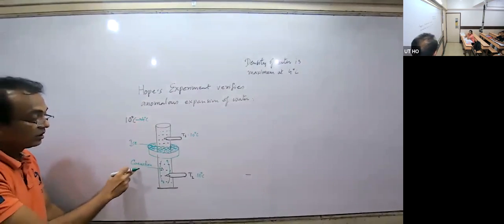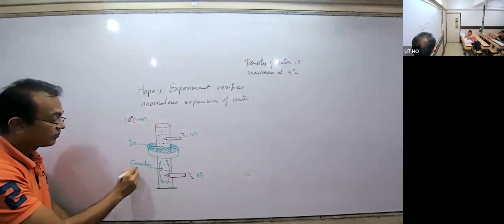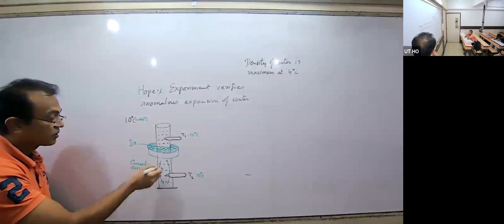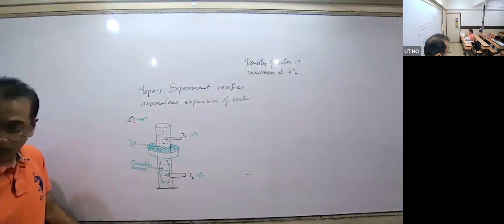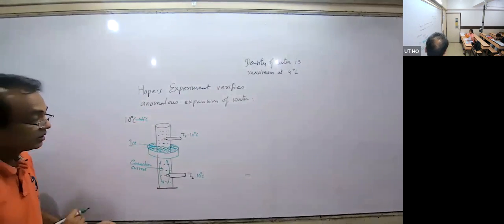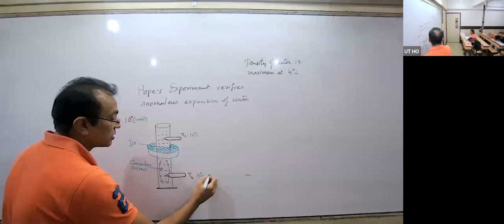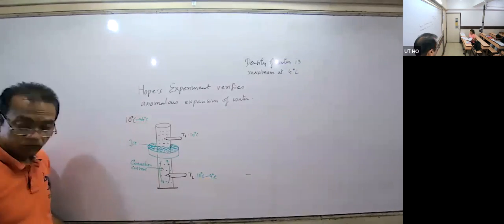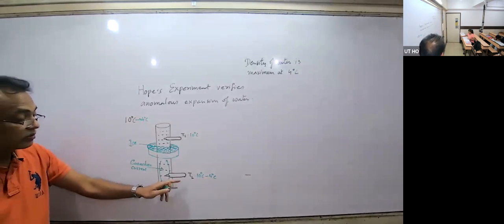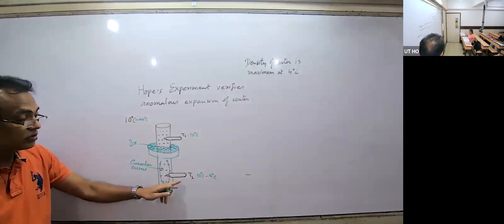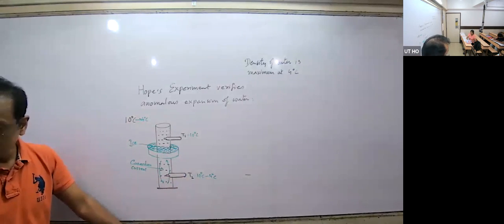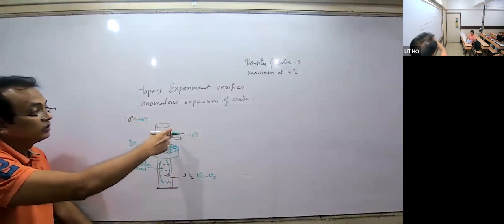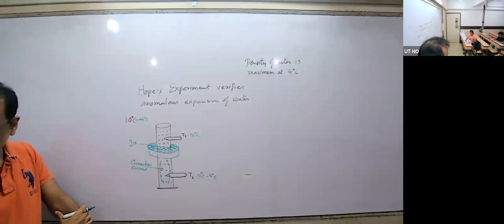This is called convection current. Okay, convection current will settle, right? Water current, convection current, till it reaches 4 degrees Celsius. So the lower thermometer will show 4 degrees Celsius, while the upper one will continue to show 10 degrees Celsius, right?